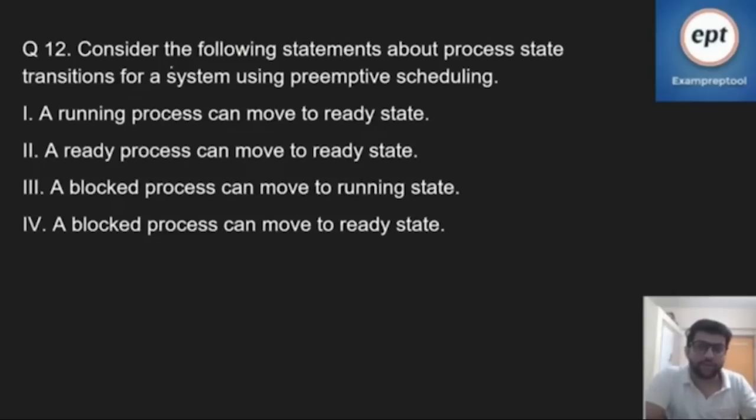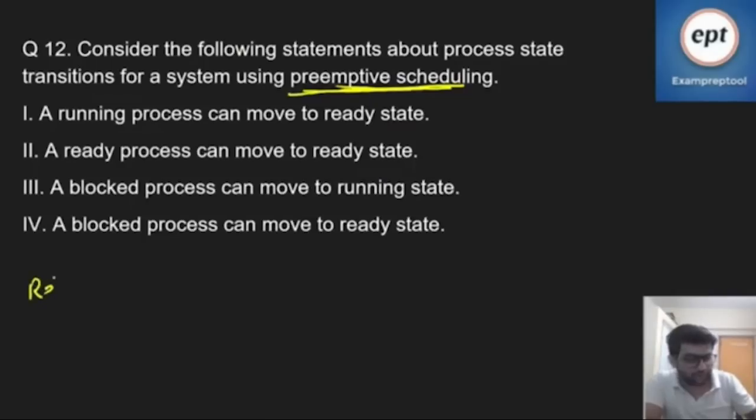So moving on to the problem: consider the following statements about process state transitions for a system using preemptive scheduling, right? We have been given that the system is using preemptive scheduling. So let me first draw the state diagram. We know that first the process is in the ready state.